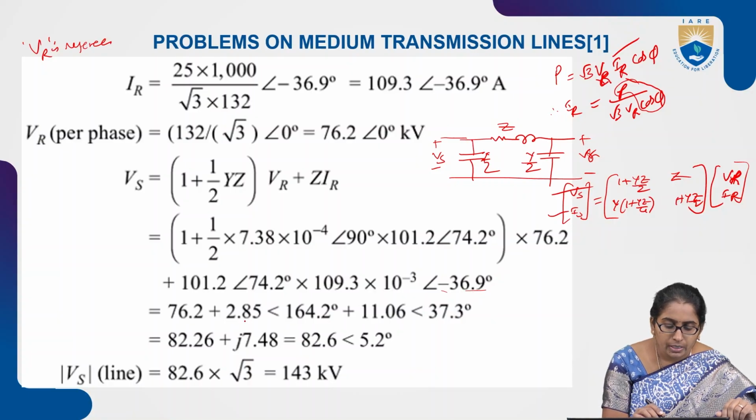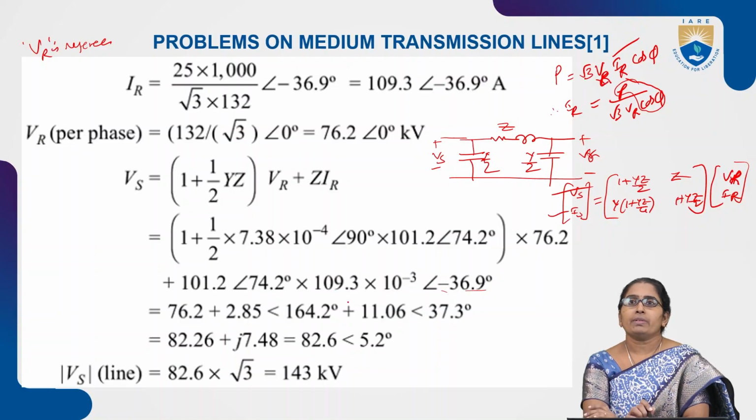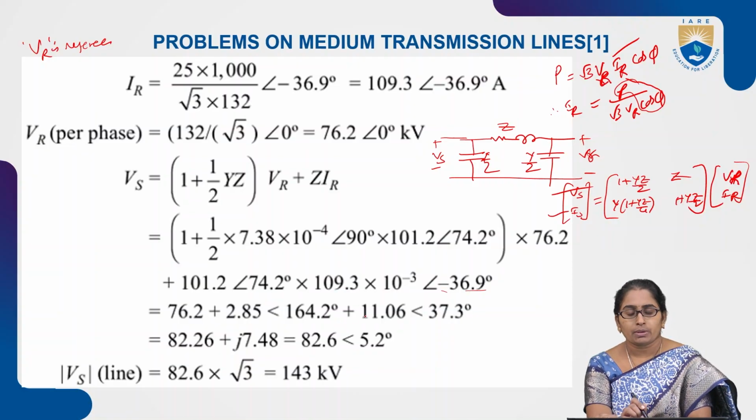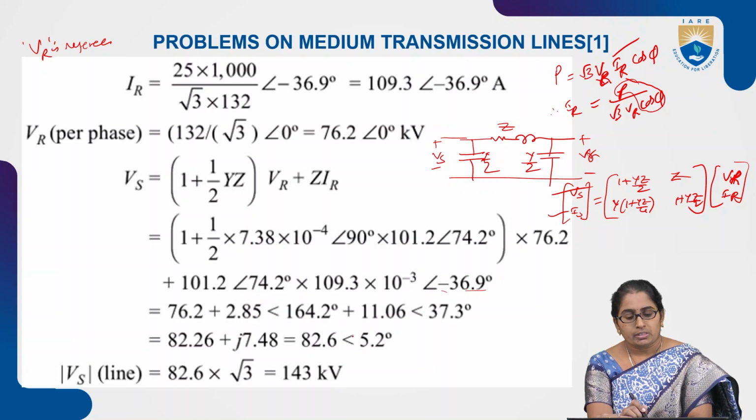Finally, it is simplified and we obtain the Vs value 82.2 plus j7.48. In polar form, the Vs per phase value, the sending end voltage per phase, is 82.6 at an angle of 5.2 degrees.